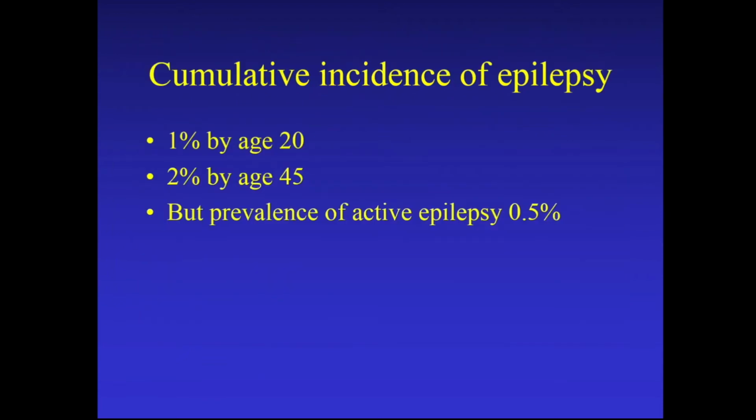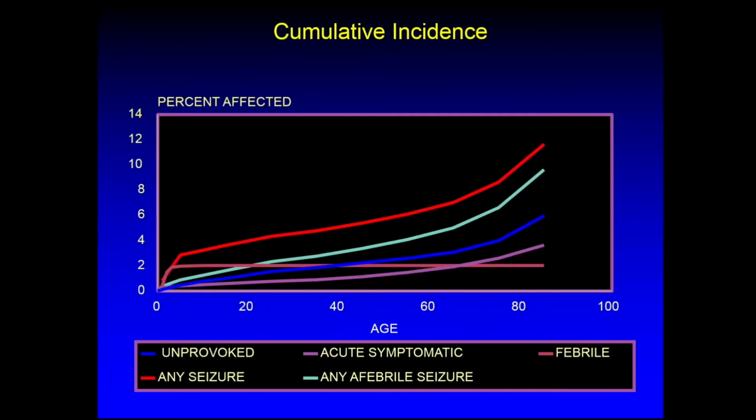But this just shows the cumulative incidence, 1% by age 20, 2% by age 45, compared to their prevalence of 0.5% overall. And you can see, depending on how you define seizures or epilepsy, that if you consider recurrent unprovoked seizures, which I will define as epilepsy, by the age of 80, about 4% of everybody will have had a diagnosis of epilepsy.